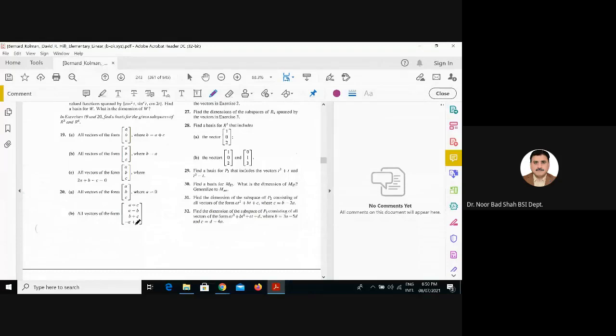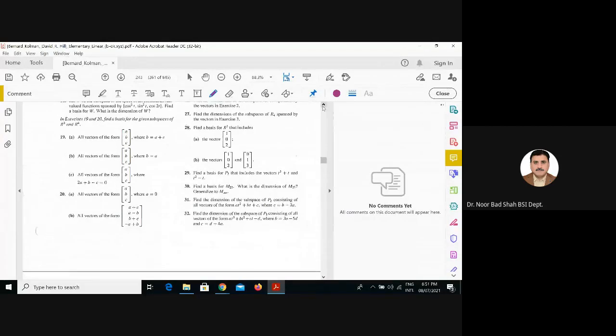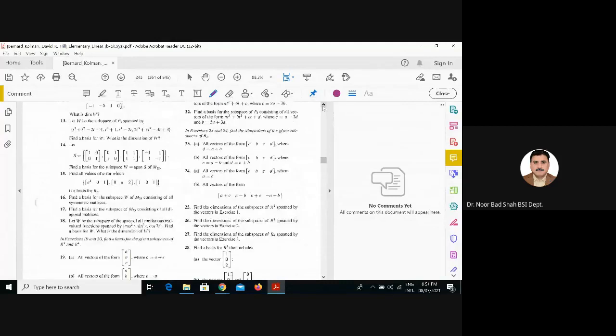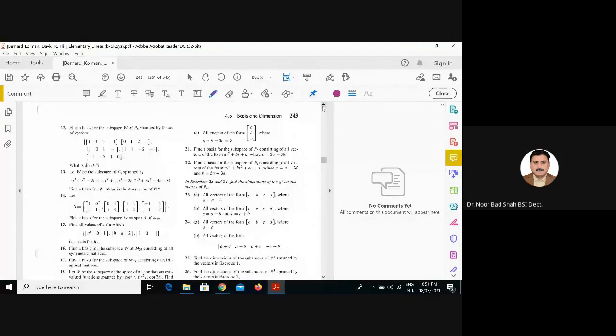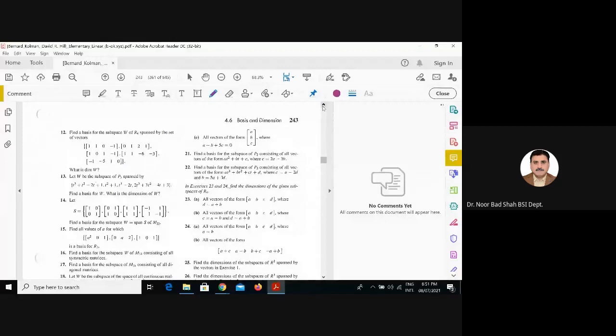And for that, you will obviously take the matrix and the homogeneous system of equations and so on to do these questions. So question number 21 as well, 22 as well, question 23, 24 as well.